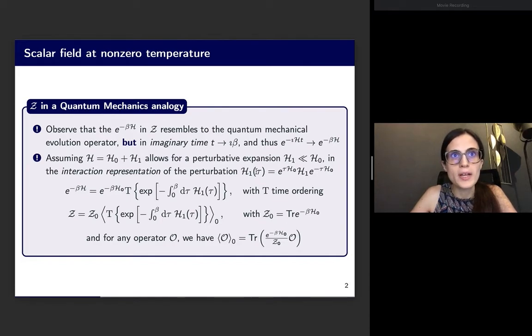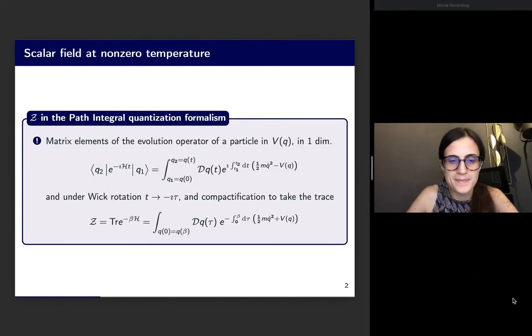And at that point, we can write the transfer matrix accordingly, which leaves us with an expression for the partition function in terms of the corresponding Z0 partition function for the unperturbed system. And then we are in a position to measure any expectation value of any given observable just according to this expression that I wrote on the slide.